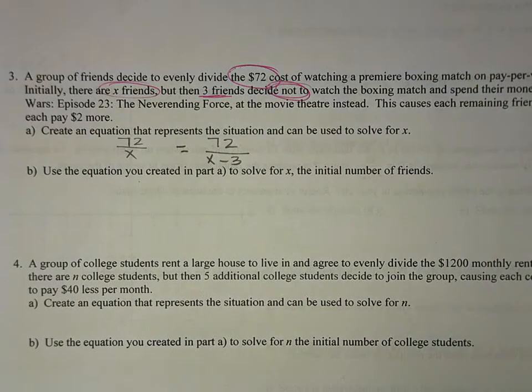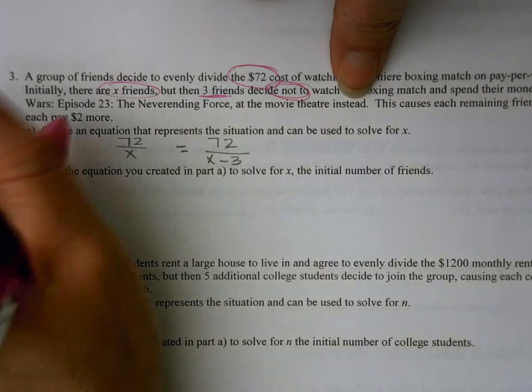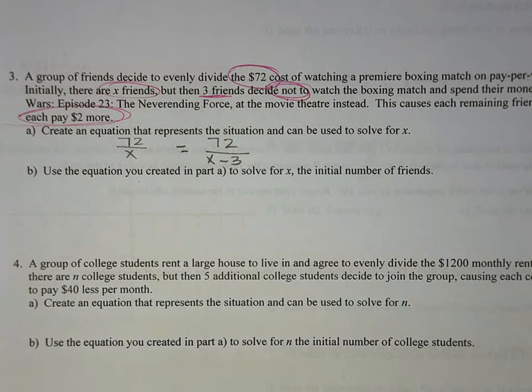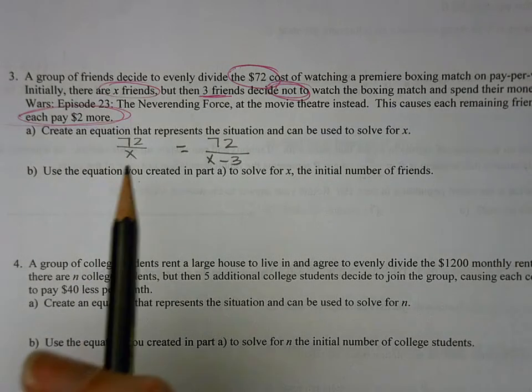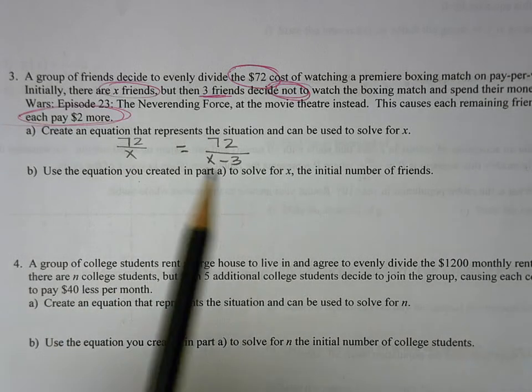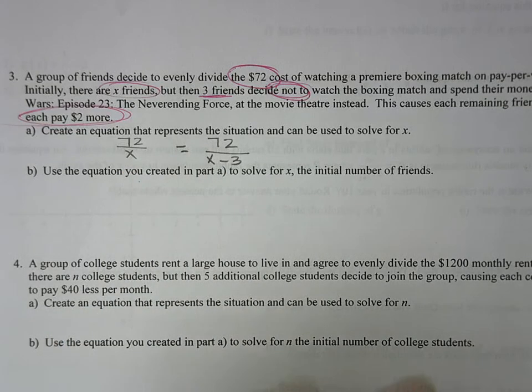When that happened, each of the remaining friends has to pay $2 more. This is the part we have to really think about, to decide where that plus $2 goes. I have to think about which of these 2 amounts, if I was that friend, is where I'm paying more, because I'm trying to keep the equation balanced.